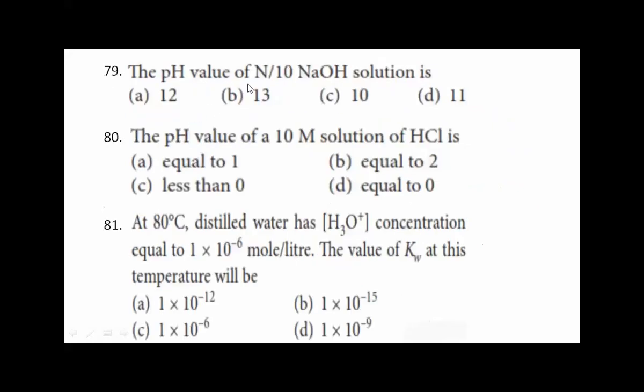Next, the pH value of N by 10, N stands for normality, NaOH solution is. So they have asked us the pH of N by 10 NaOH. Which compound have they taken? NaOH. And we know that NaOH is a strong base. Since NaOH is a strong base, it ionizes completely.